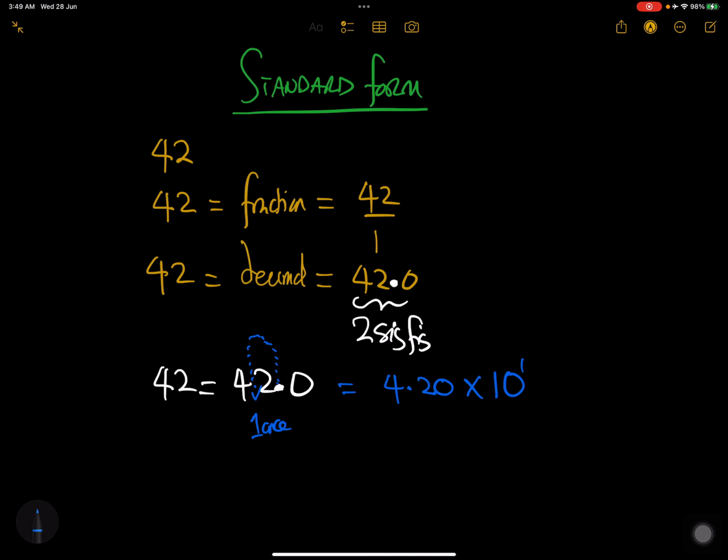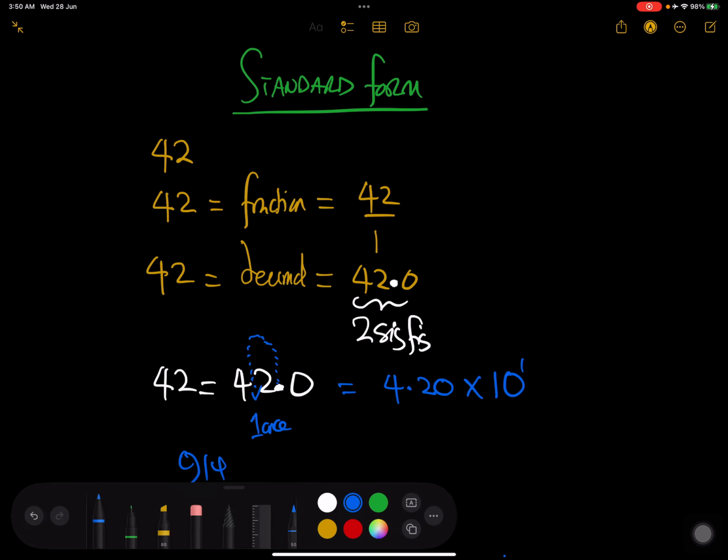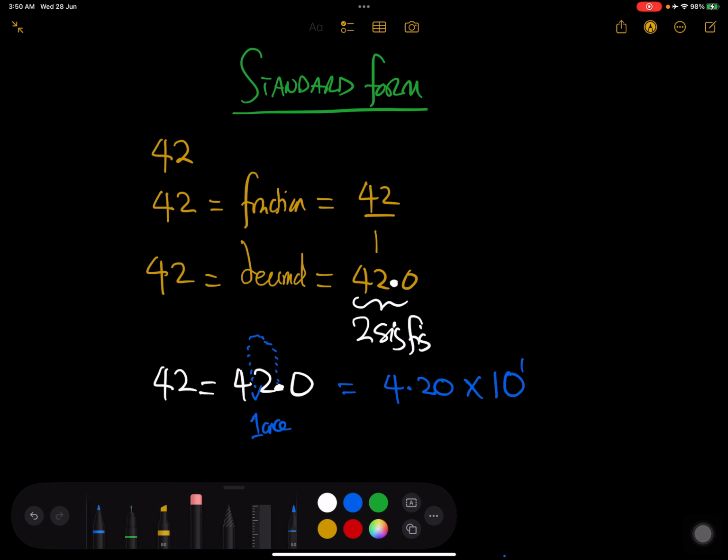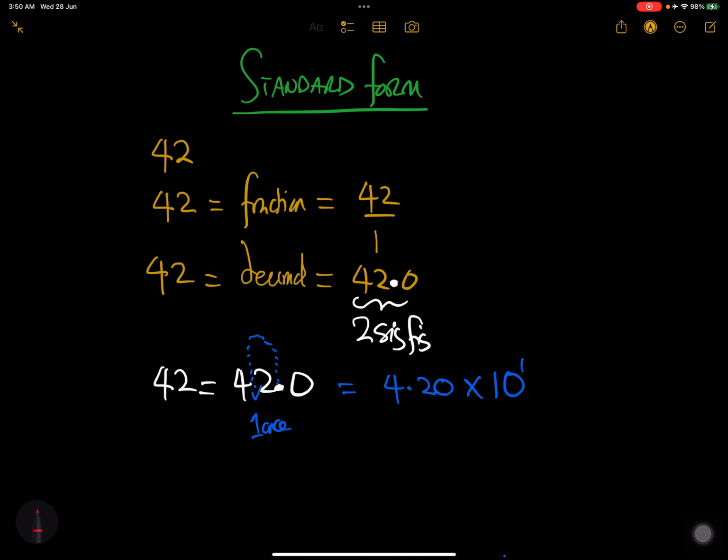Now let's say we have a decimal number, like 0.914, and we want to write this in standard form.